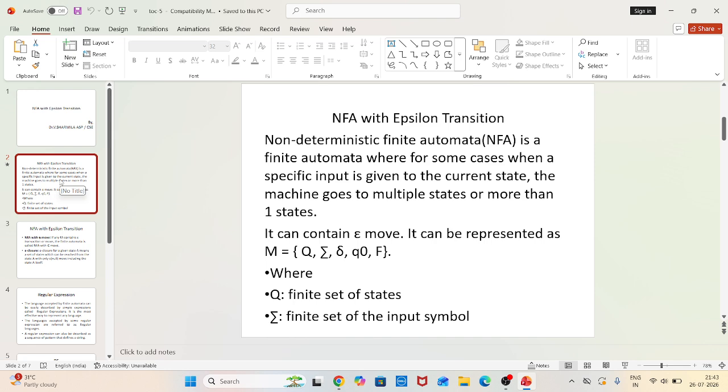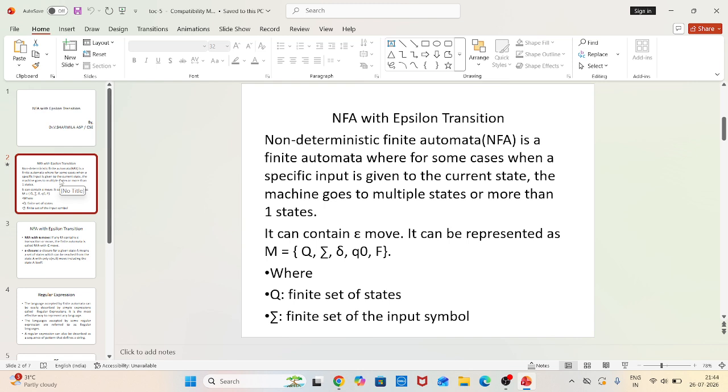Here delta is a transition function. Transition function delta equal to capital Q cross summation union epsilon gives capital Q.